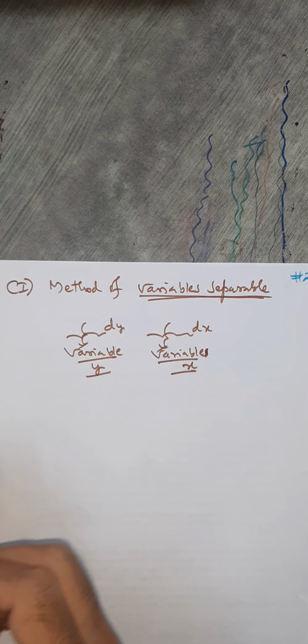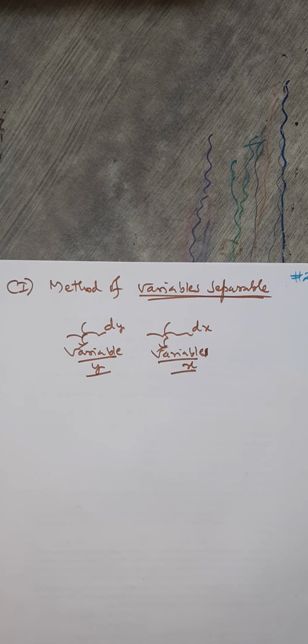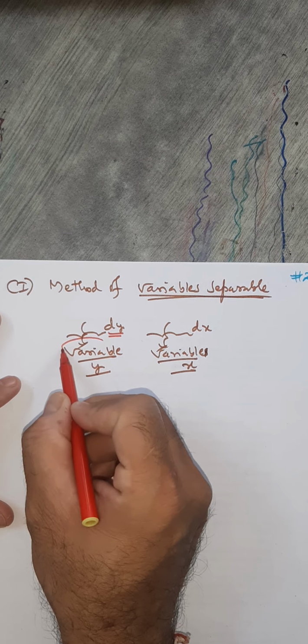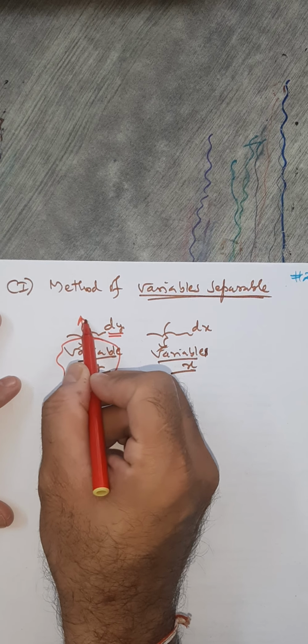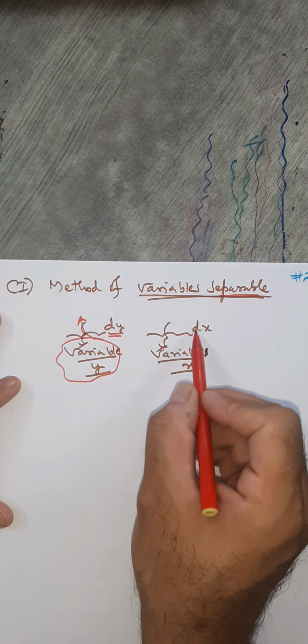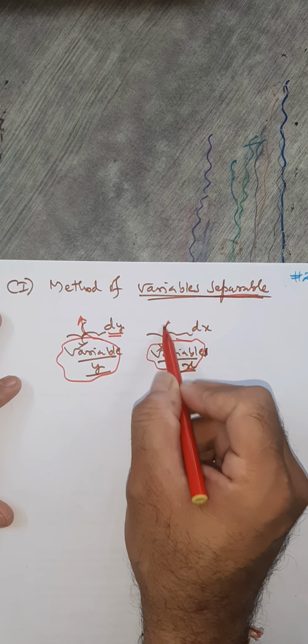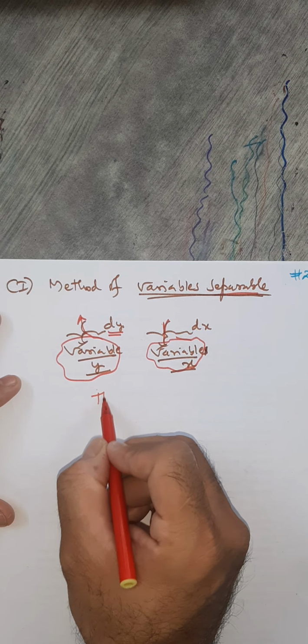I repeat, with dy we collect all the terms having variable y, and with dx all the terms having variable x. That is what separating variables means. Then you integrate it.